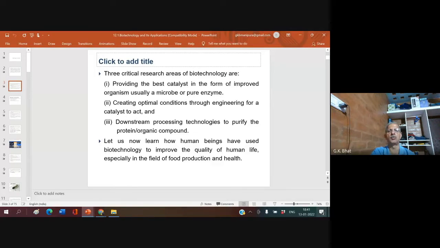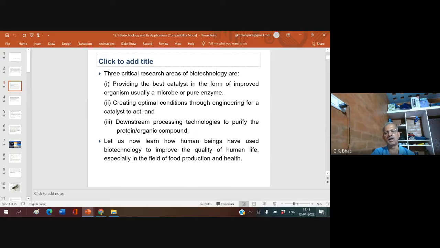These three are very important research areas in the field of biotechnology.